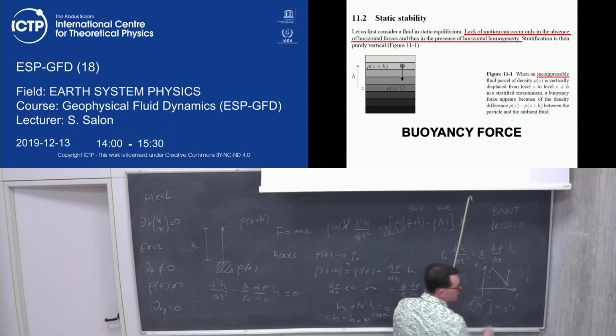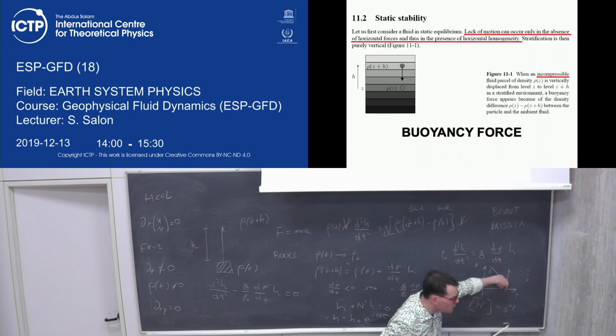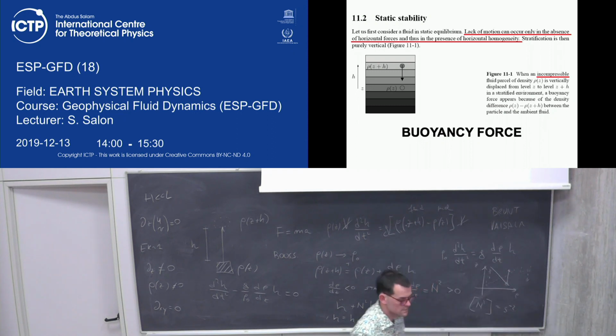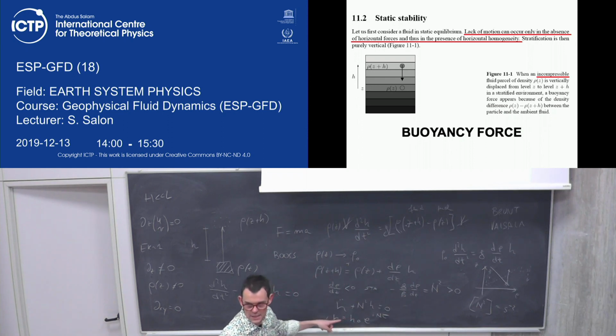But going down, it acquires vertical velocity, and thanks to its inertia it overcomes the equilibrium and goes down until it is lighter than the surrounding. And so it will go up. Down and up, oscillation. So the stability gives us oscillation.